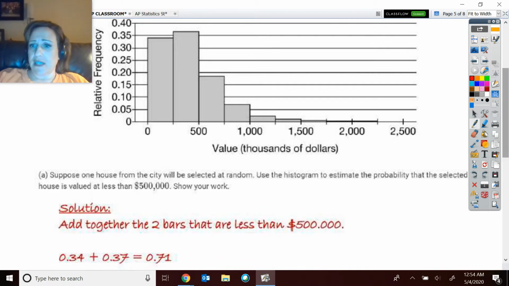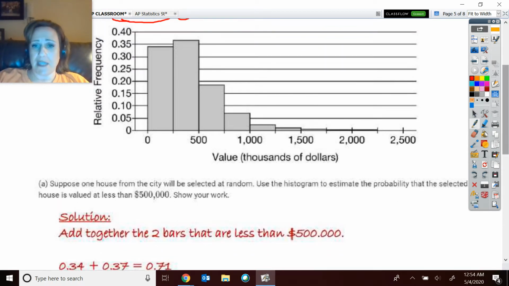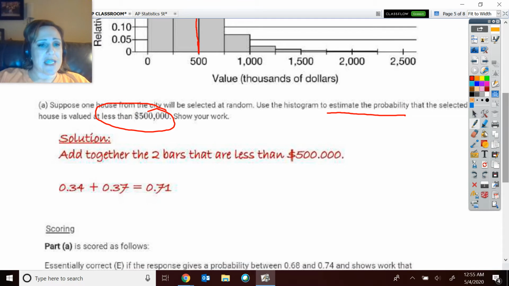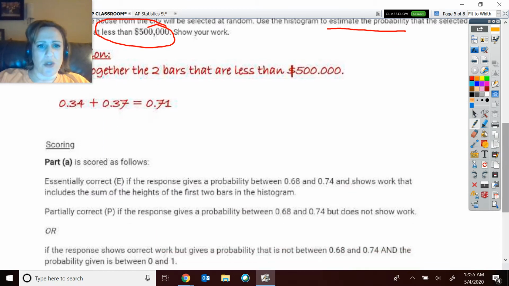Then we want to estimate the probability that the house was less than $500,000. That's this location here. I just had to total up that percent and that percent, and that would be the percent of houses less than 500,000. So I added those two bars together, 0.34, and I estimated 0.37.